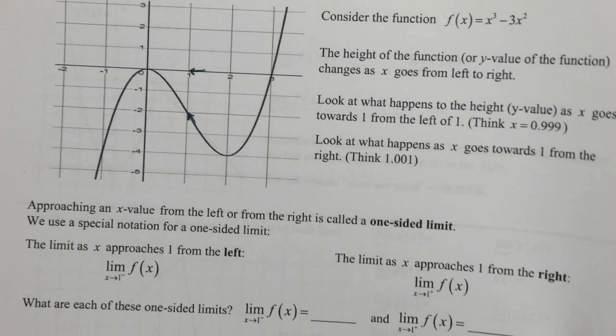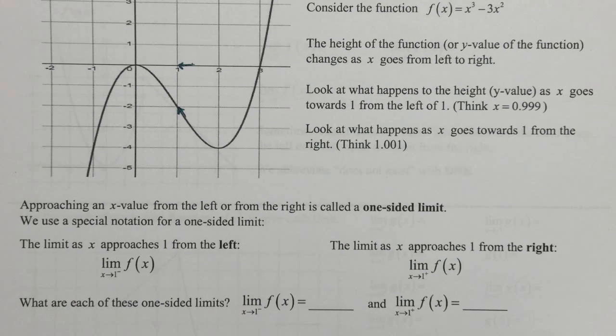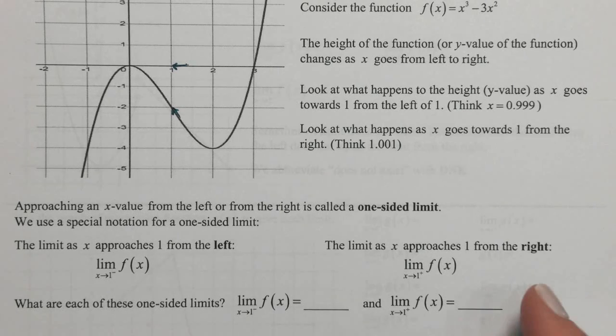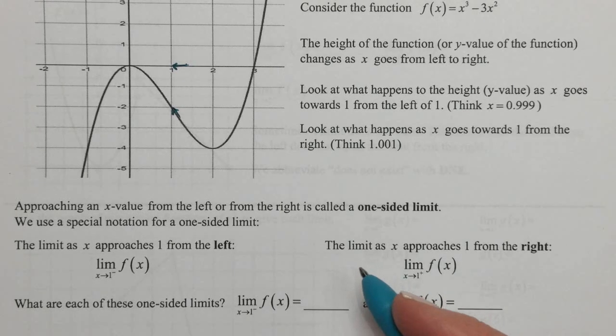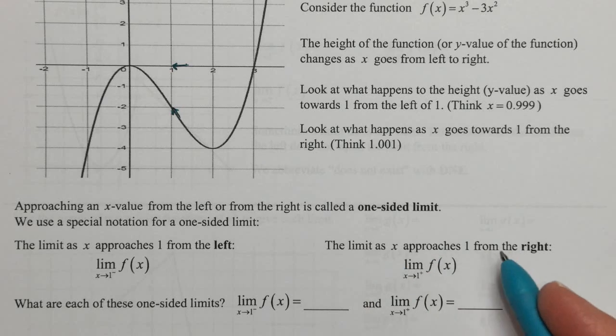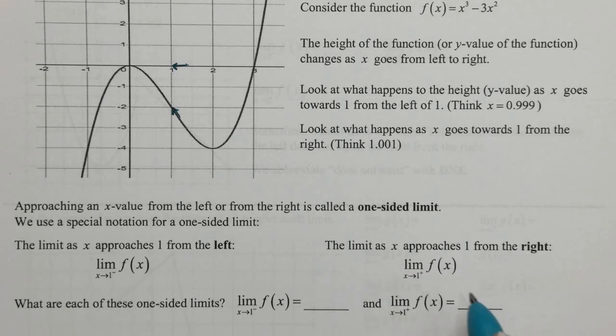What we're talking about there is called a one-sided limit. As x approaches 1 from the right or from the left, that is a one-sided limit. Okay? We have special notation for a one-sided limit. If we're approaching from the left, we have a little negative sign on that x value. If we're approaching from the right, we have a little positive sign on the x value.